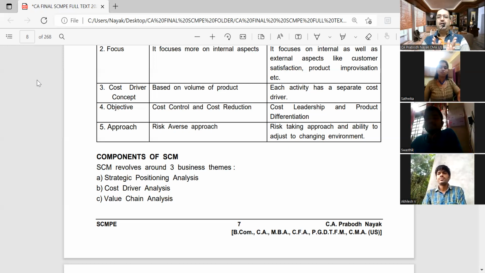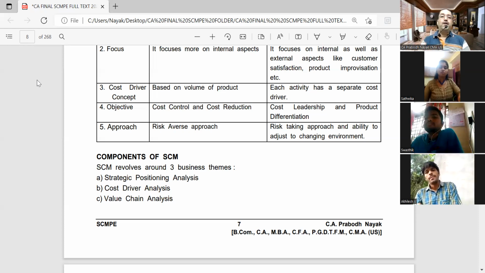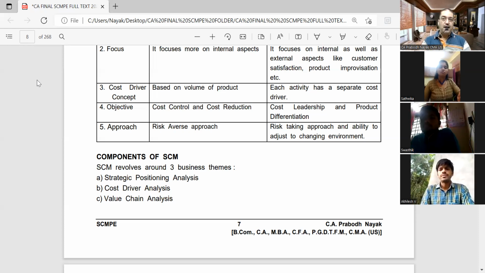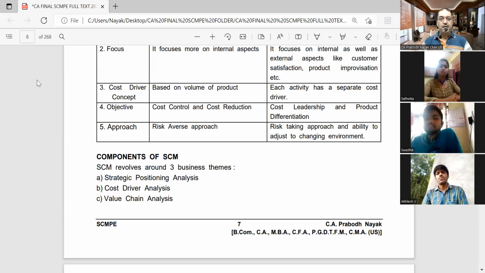But how much you have to write in a given question depends upon what question you are asked. Now, I may ask you a question on components of strategic cost management. So there are 3 components here: strategic positioning analysis, cost driver analysis, value chain analysis. Everywhere I have to be just brief as to what is strategic positioning, what is cost driver, what is value chain analysis, in brief.